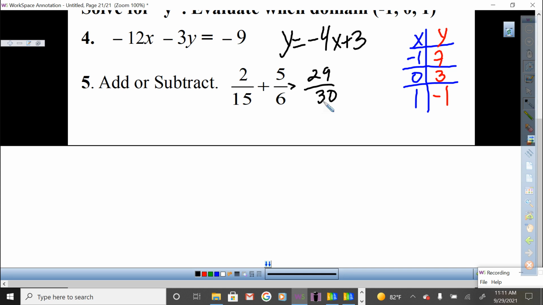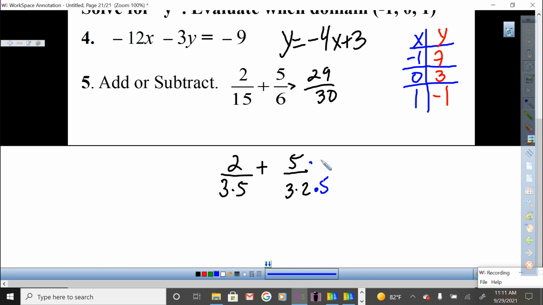That is correct. Let me go over the process one more time because we're getting there pretty soon. So the process was, the denominator stays the same on both. I identify the GCF for these two. The GCF was what? 3 times 5 and 3 times 2, yes? All right, so what does this one need?